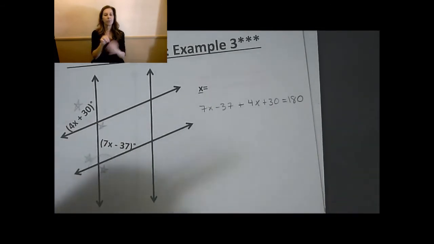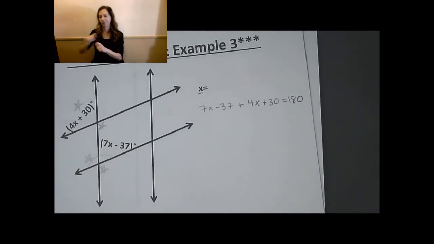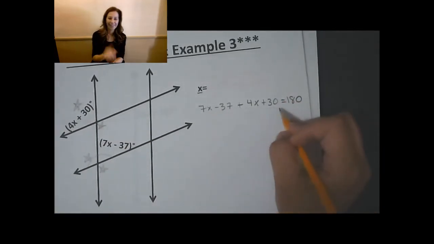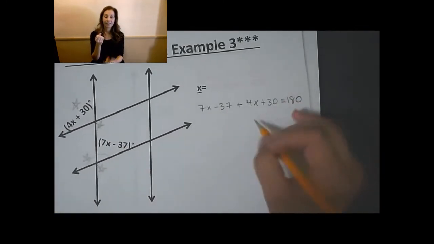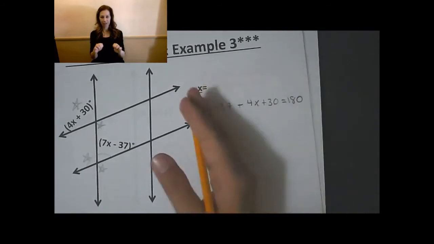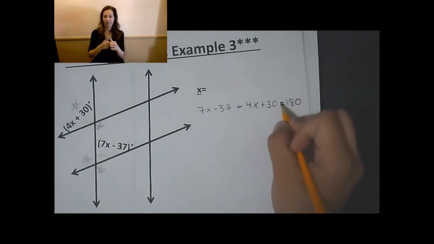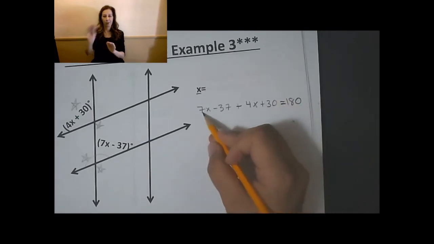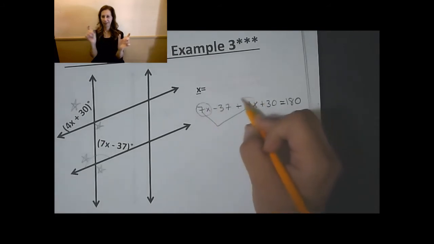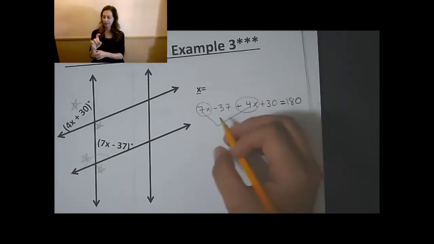Let me sharpen my pencil. Hold on. Alright, so for this type of multi-step equation, I need to simplify before I start moving things from one side of the equal sign to the other. So I can see that I can combine these x's, 7x and positive 4x.